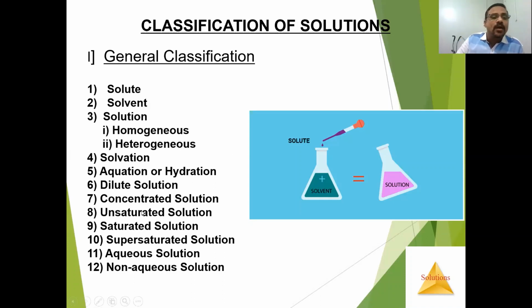Now, let us move to the next definition, unsaturated solution. Unsaturated. In Marathi, it is called asantrupta dravan. What makes an unsaturated solution? Simply, it is related to dilute solution. Add a less quantity of solute to the large quantity of solvent, that will make an unsaturated solution.